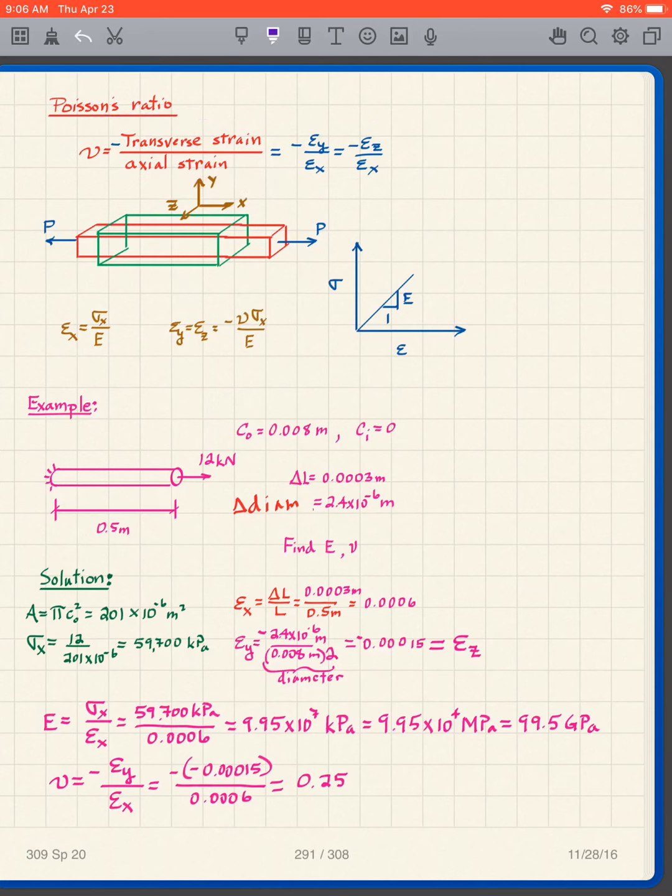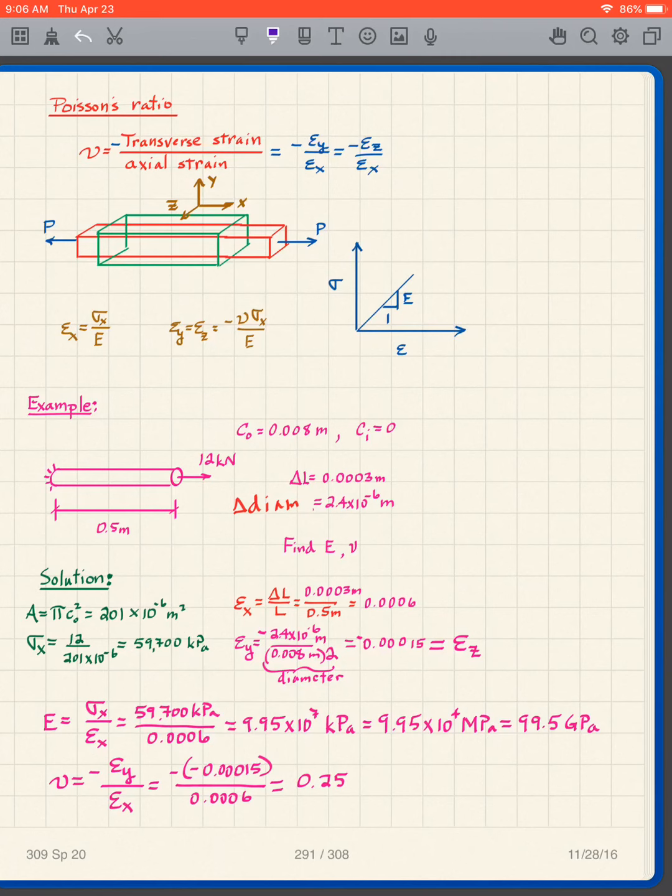And I look at the different strains. The denominator is the strain in the x direction, and the numerator is the strain in the y direction or in the z direction. You've all seen this before, so I'm not going to go through it in detail.